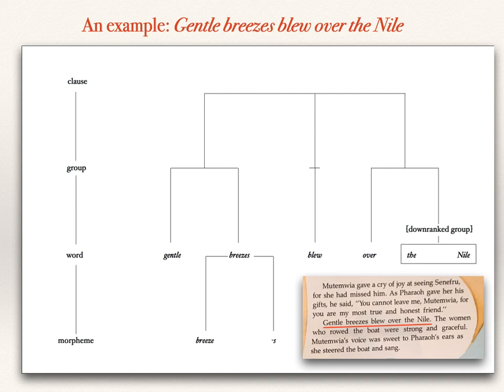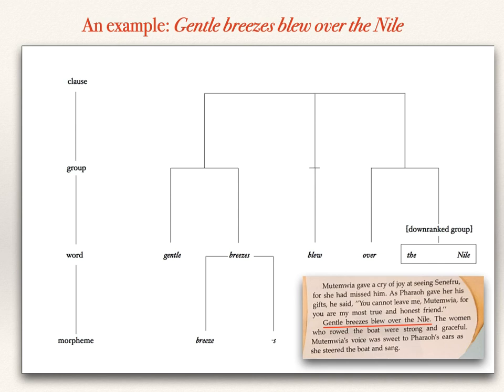And finally, as an illustration of the way in which words may consist of morphemes, you have breeze plus z, or breezes. So the z is a suffix, an affix that comes at the end of a word, and in this case, as you know, it marks, it expresses, it realizes plural. So one breeze, many breezes.